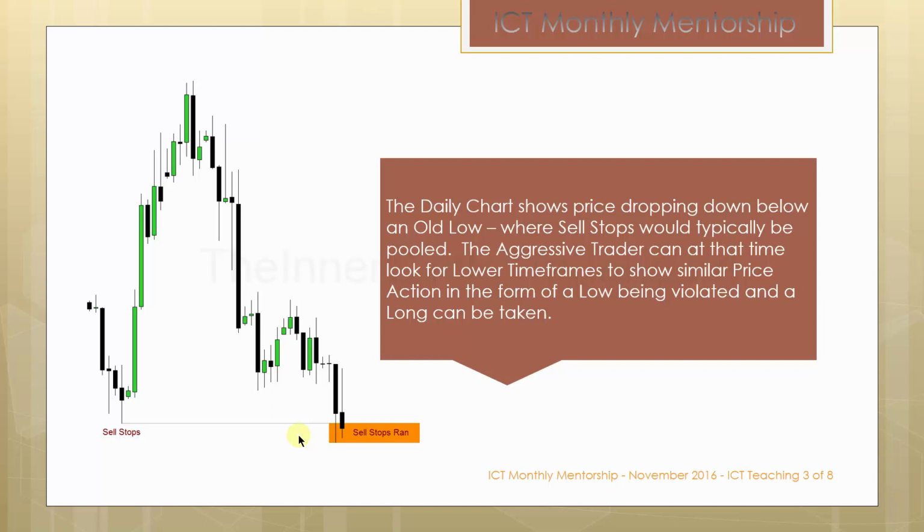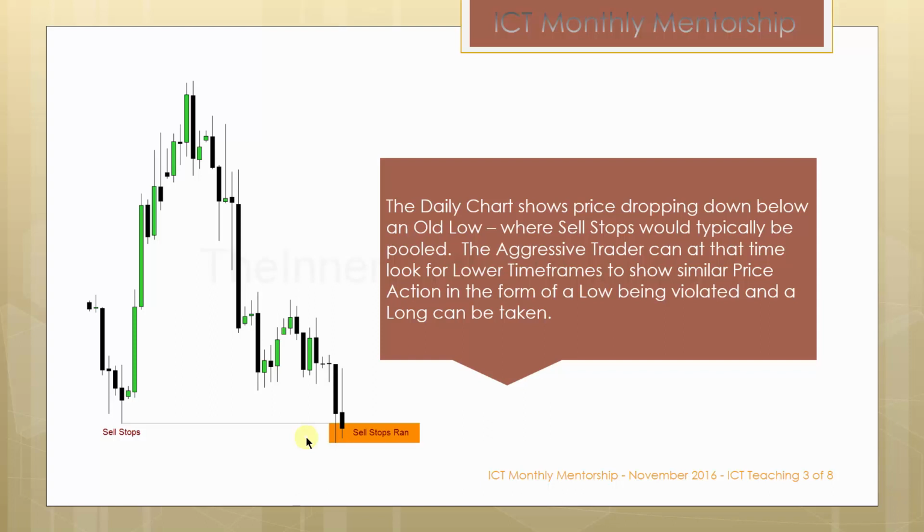So you can look into a lower time frame and actually study the price action and come to basically the same idea you're seeing here, an old low. So we would wait for short-term price action on a lower time frame to create that same scenario, which is a low being violated, because everything in price is fractal. By having that understanding and expectation, we can take a long position.